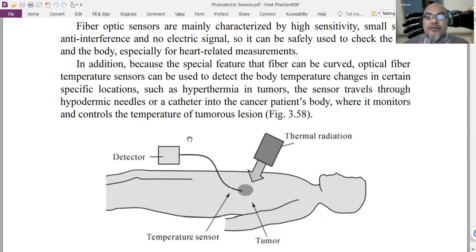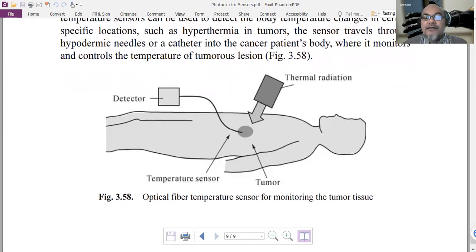So you could put the optical fiber inside hypodermic needles or inside a catheter, going through the patient's body to where the suspected tumor tissue is. Then you inject thermal radiation to it. Usually the tumor tissue will have different thermal characteristics compared to the normal tissue. Then you can identify which of the tissue are tumor.